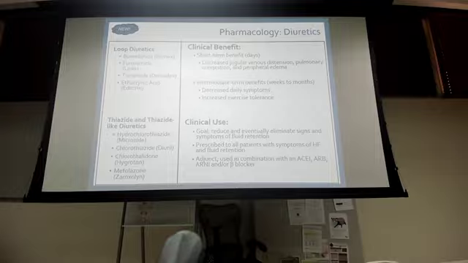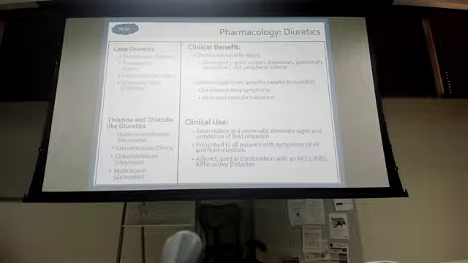But it's about the concentrations of the sodium that they are allowing to be secreted into the tubule. So just remember, loops are your strongest. They don't follow that rule. The thiazides are not going to compensate more than what the loops are functioning to pull the sodium out.